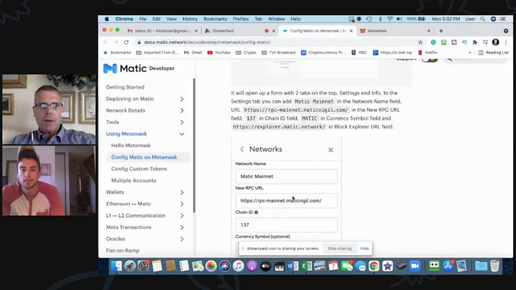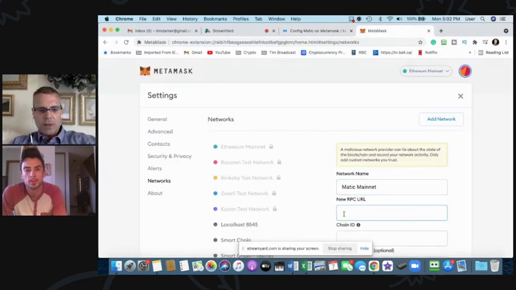You could probably copy and paste right up top there. See that paragraph below? Matic Mainnet. Just keep following it exactly as it is.